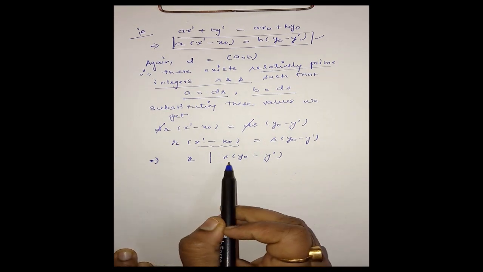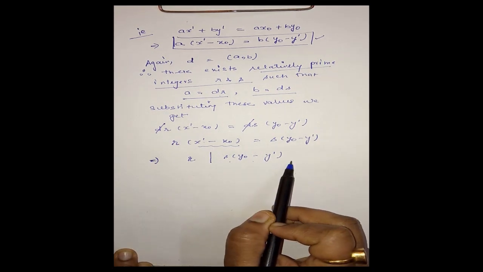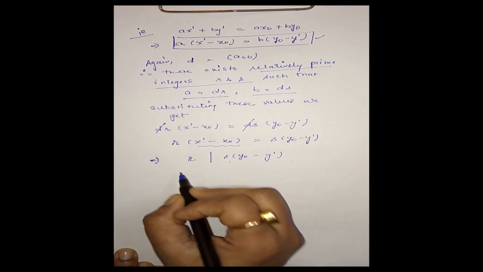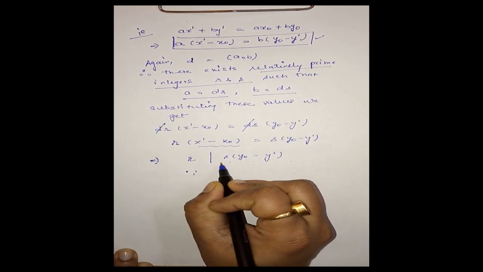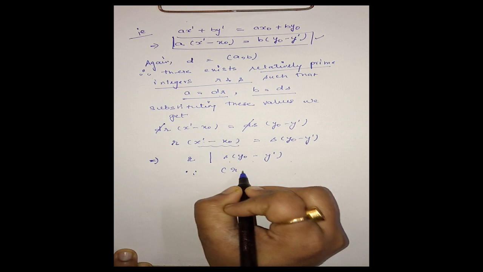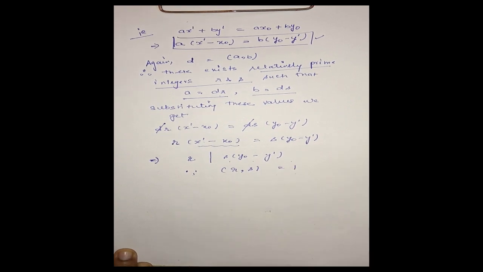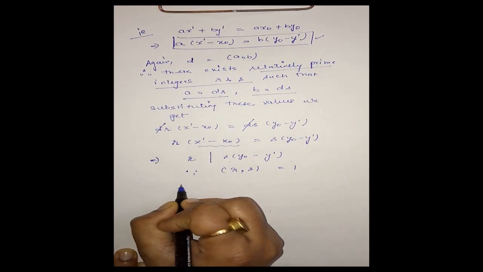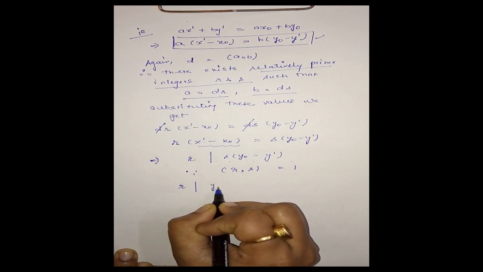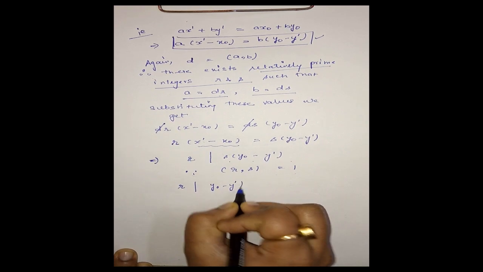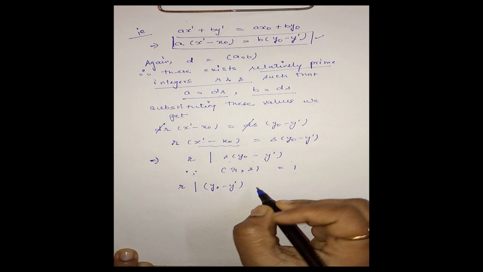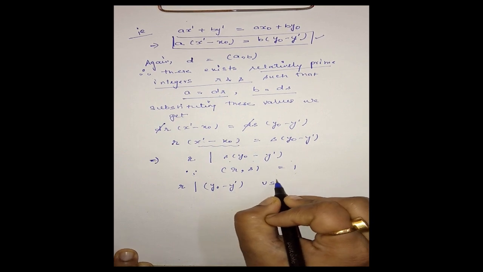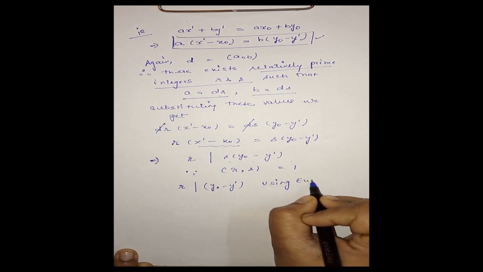That means r divides s into y naught minus y dash. Also, since GCD of r and s is 1, since r and s are relatively prime, I can write like this: r divides y naught minus y dash using Euclid's lemma.